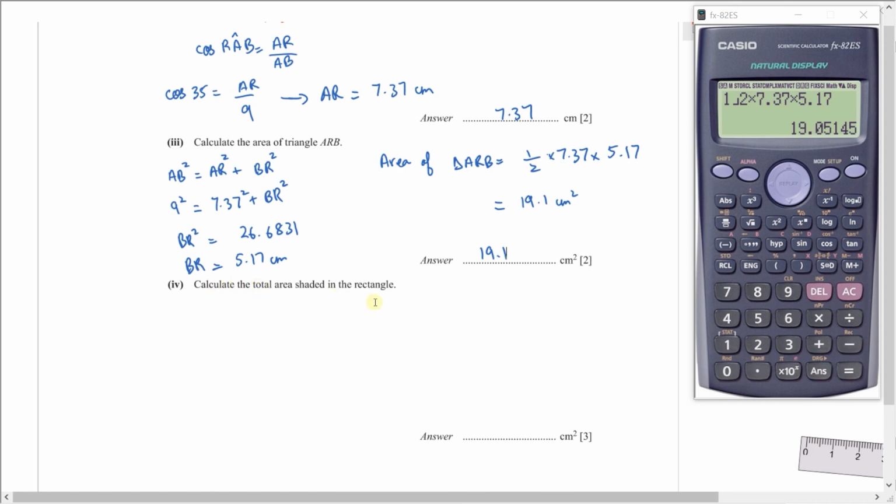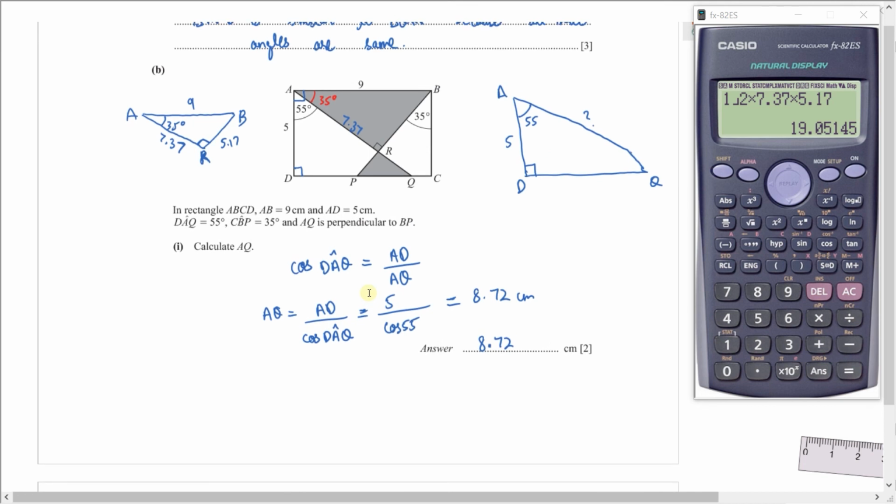Calculate the total area of the shaded region in the rectangle. So we already calculated the area of this upper triangle. We only need to calculate the area of this lower triangle, and we can add the two to get the total shaded area. So we already proved that these two triangles are similar. We know that this length AR is 7.37, and we also know that this full length AQ here is 8.72.